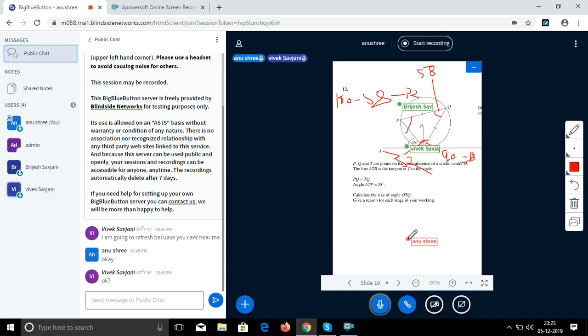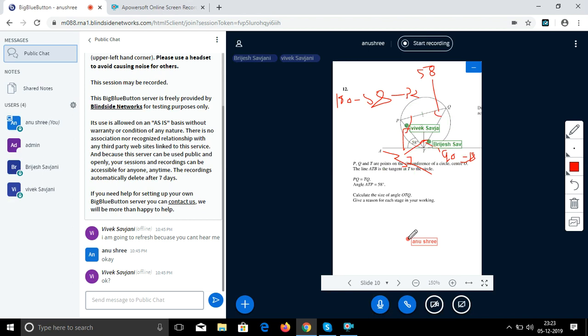Because we know that all of that is 90. Means that that's 58. This bit must be 32. And then this one is the same as that one, so that's 58. So 58 plus 32 is 90, which means this last remaining one must also be 90.